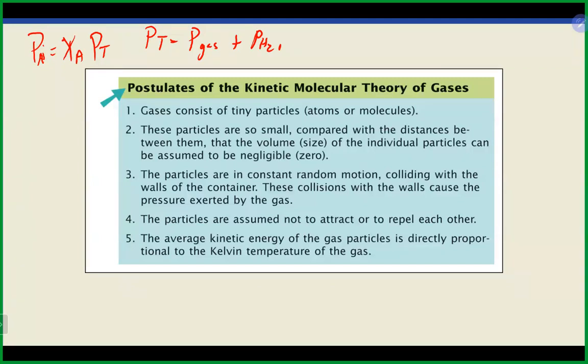All right, so let's finish up with these couple of slides. The kinetic molecular theory of gases talks a lot about some of the stuff that we covered through the different gas laws. It says gases consist of tiny particles like atoms or molecules. Number two is that the particles are small compared to the distance between them, and the volume of the individual gas molecules is assumed to be negligible.